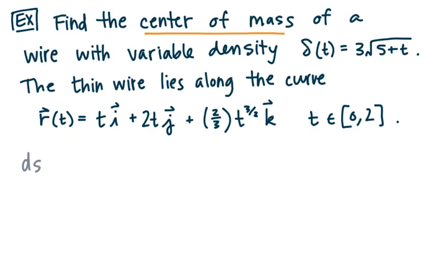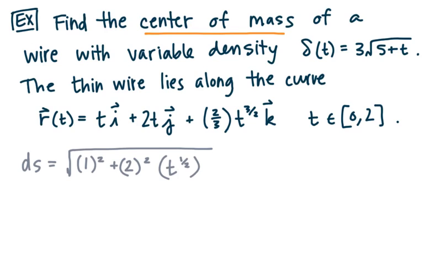ds is the square root of the derivative of t, we have 1 squared. The derivative of 2t gives me 2 squared. And the derivative of 2/3 t to the 3/2 is t to the 1/2, squared, dt.